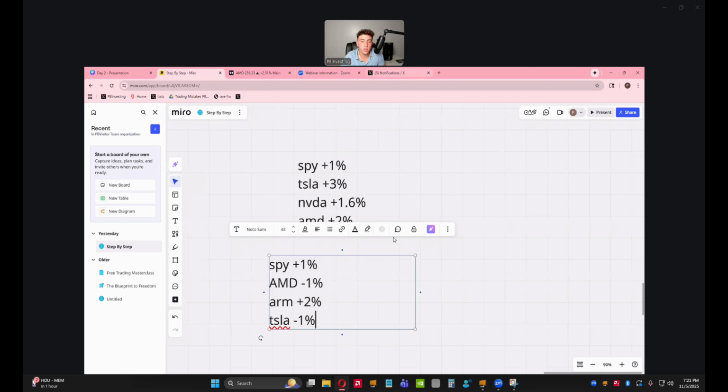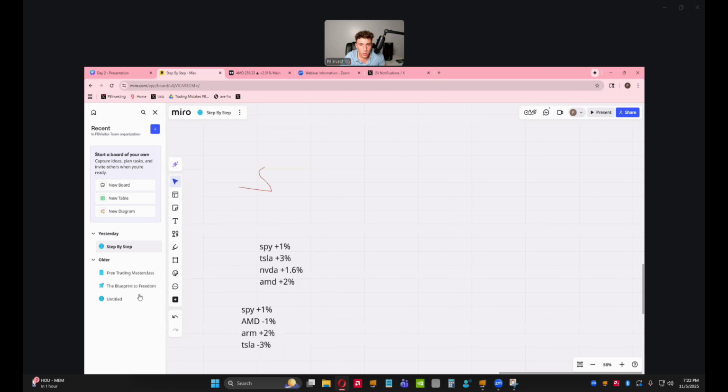What stock are we focusing on? Now, what if SPY starts to drop? What if the market starts acting very weak? Then what are we going to be focusing on? Tesla puts. Exactly.